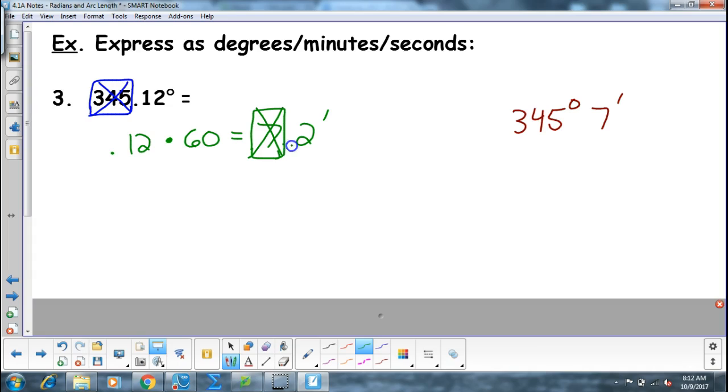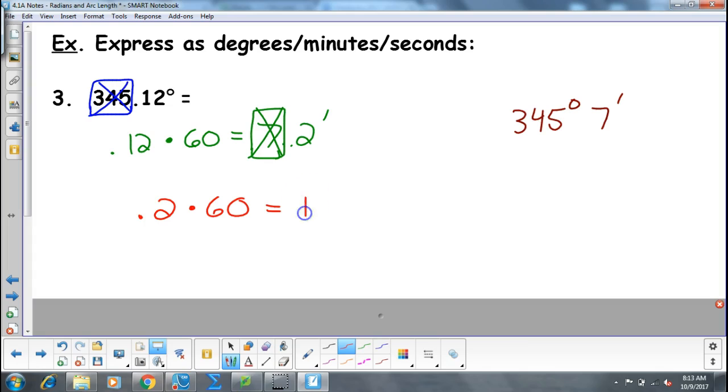So now I'm more concerned about that 0.2. I'm going to multiply that by 60 to convert that 0.2 of a minute into seconds. And how many seconds do I get there then?